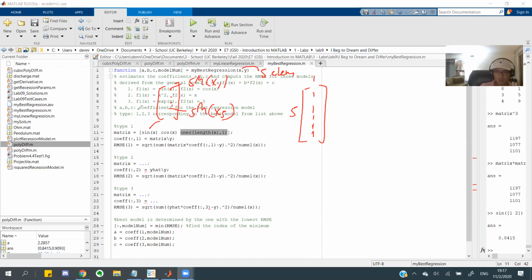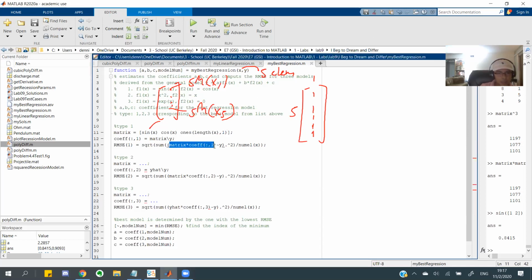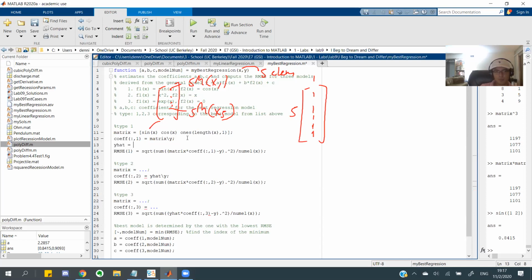There's a question: do you not need to multiply the matrix by the coefficients? Yes, you do. That is your prediction, your y hat, and it's done in line 13 right there. Not explicitly as an independent variable. We could name it y hat equals all that. Yeah, like this, minus y is y hat.